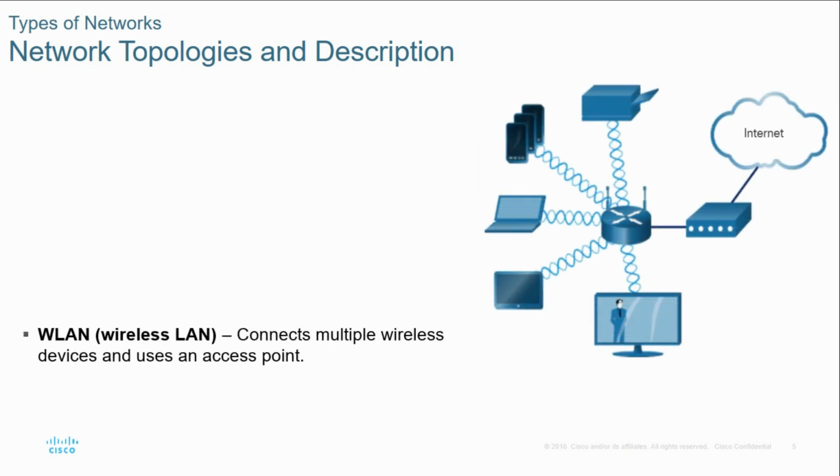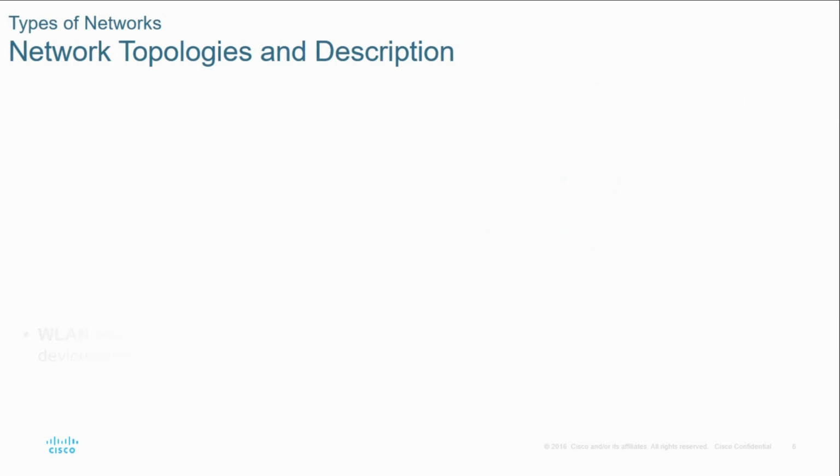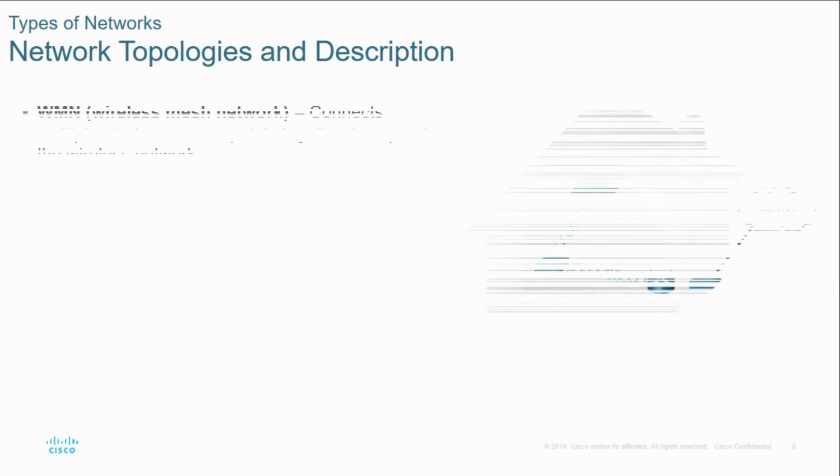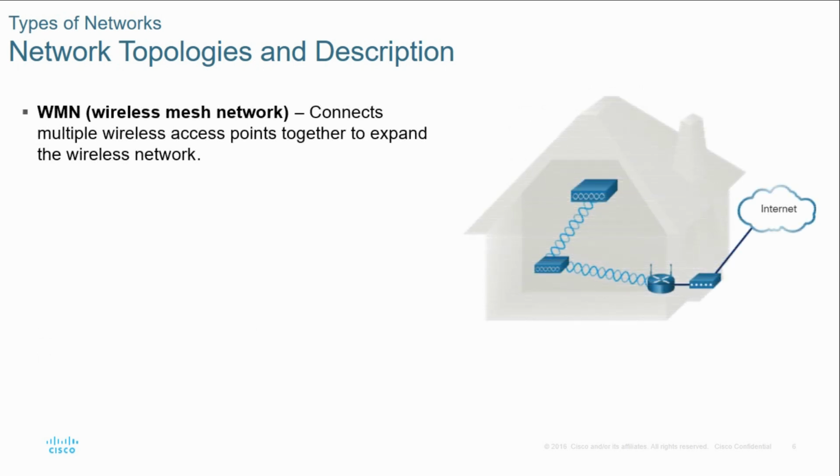A wireless LAN or WLAN is just the same as LAN, but without the physical cable connection. It is actually a way of extending our LAN through wireless connectivity. A wireless mesh network or WMN uses multiple access points to extend the WLAN.